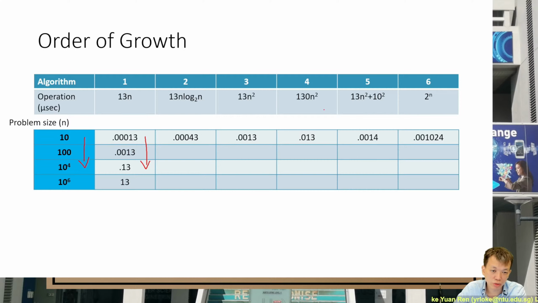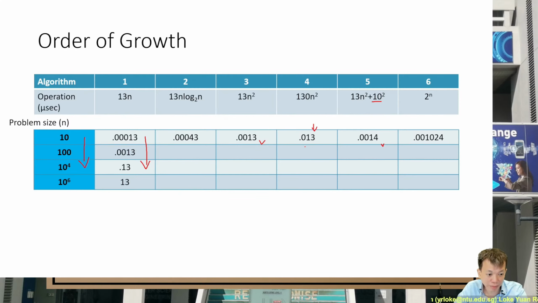This one is almost the same as the third algorithm. These two are about the same, just because this 100 extra operations is not significant. The 2 to the power of n algorithm, initially also not a lot, 0.01. Even slower than the fourth one. This one is the slowest. This one is still a little bit faster than this initially.